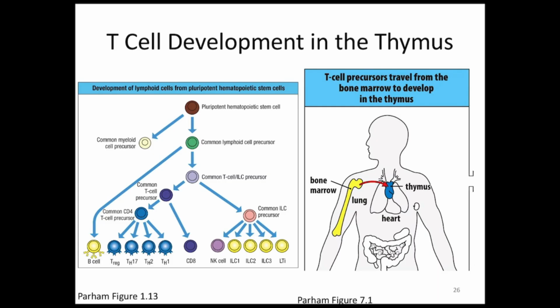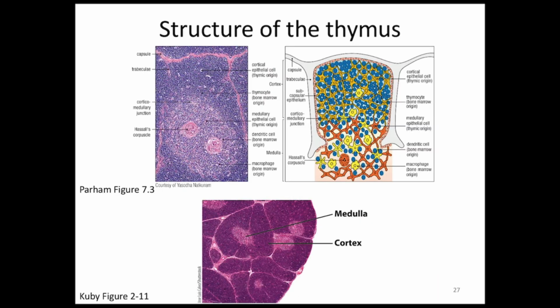The thymus has a particularly important structure, which you can see here. When we look at a thymus under a microscope with histological stains, we can see two really key areas.